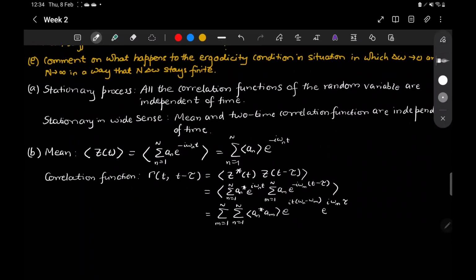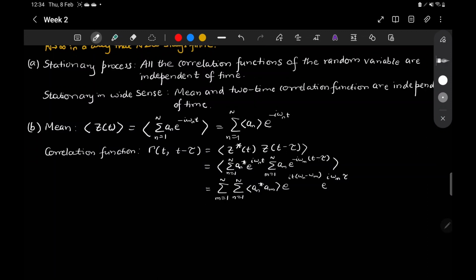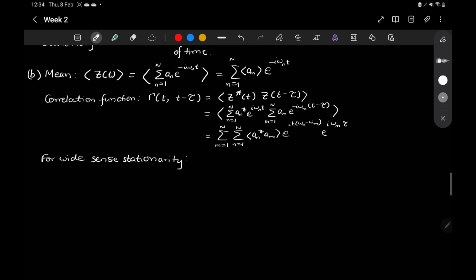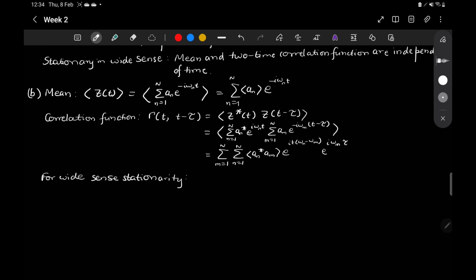Now for wide sense stationarity, we want the mean and the two-time correlation function to be independent of time. And how will we get that? For wide sense stationarity, the mean should be independent of time.